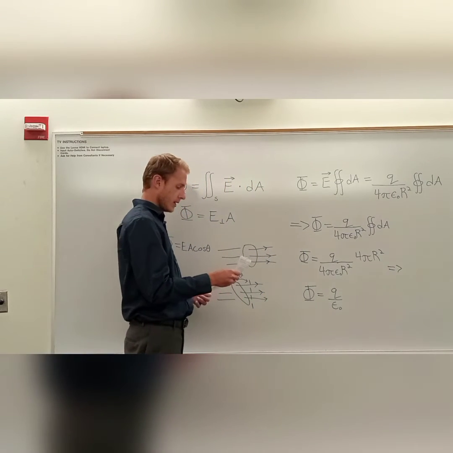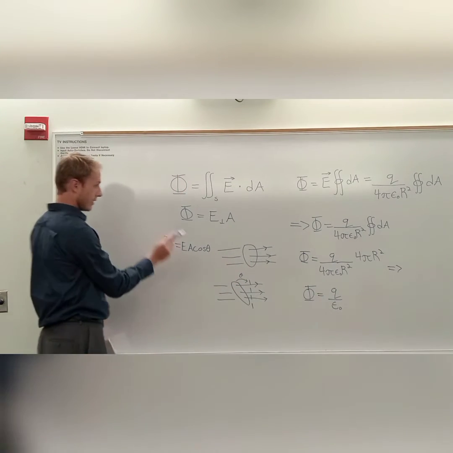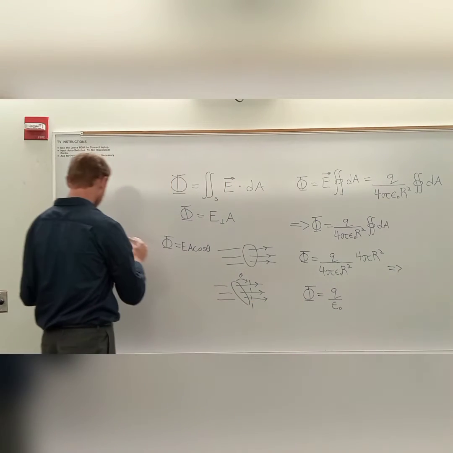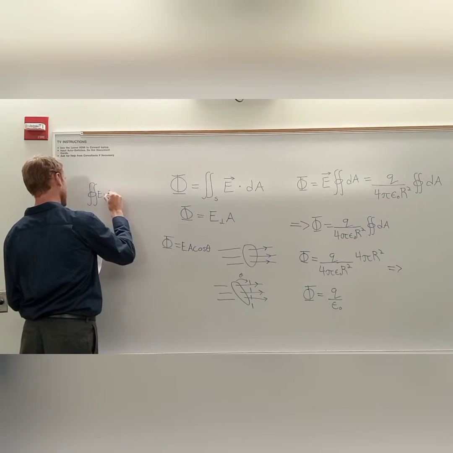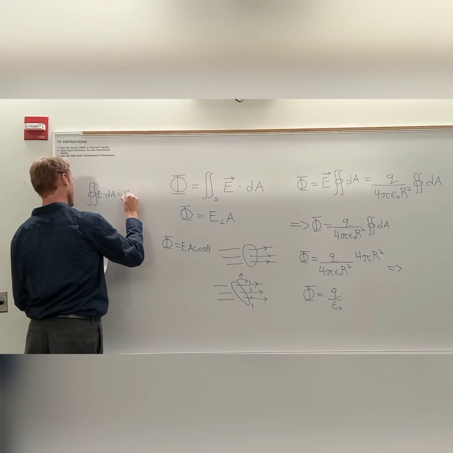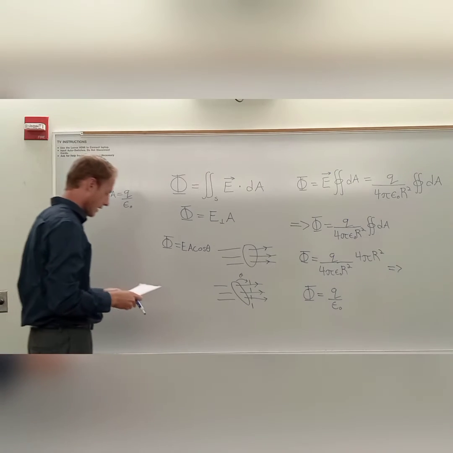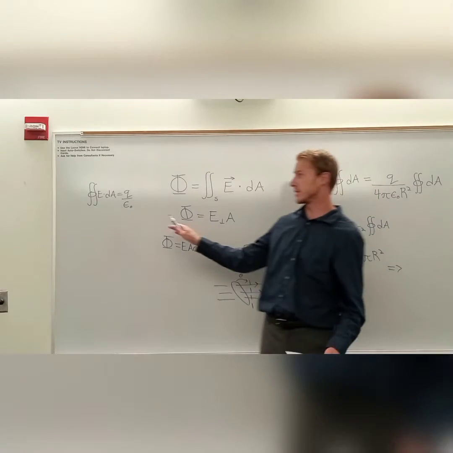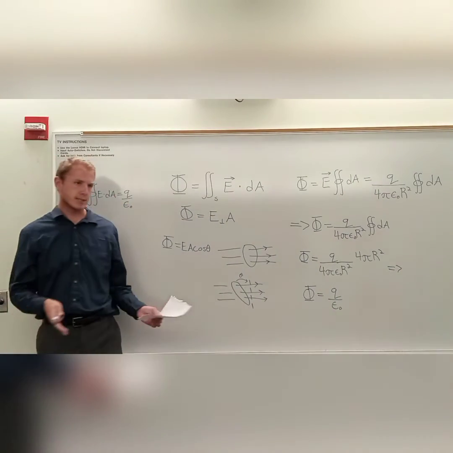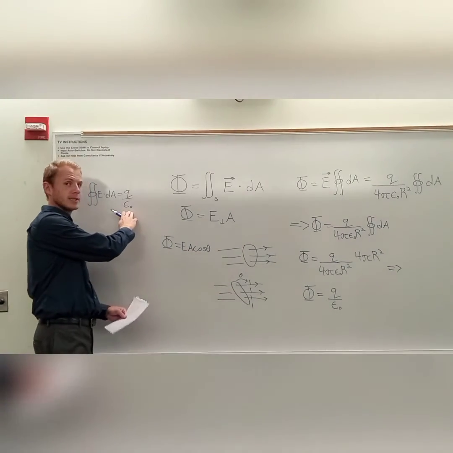And so now if we substitute back in over here our expression for the flux, we have the double integral of E dot dA equals Q over epsilon naught. And this can be generalized to multiple point charges. So you can sum this up over, say, 7 charges, you have 7 charges added together divided by your permittivity of free space.